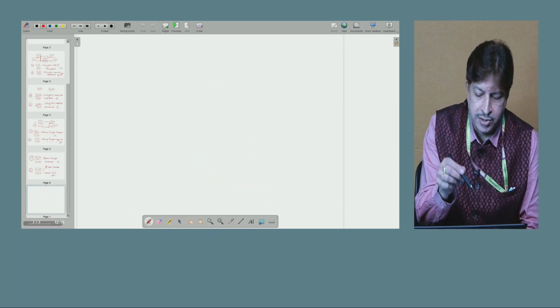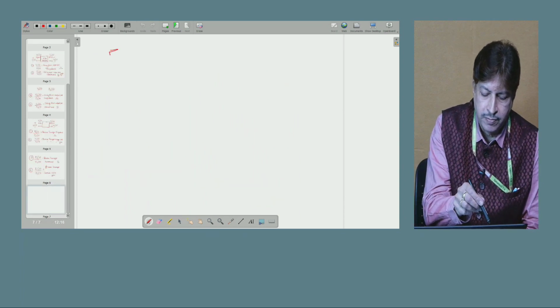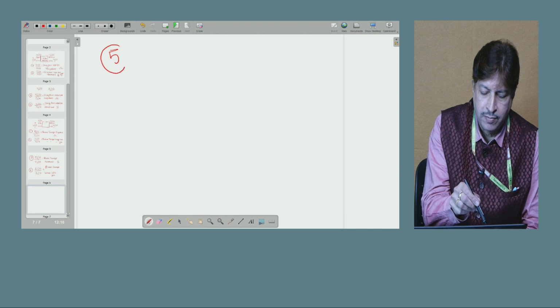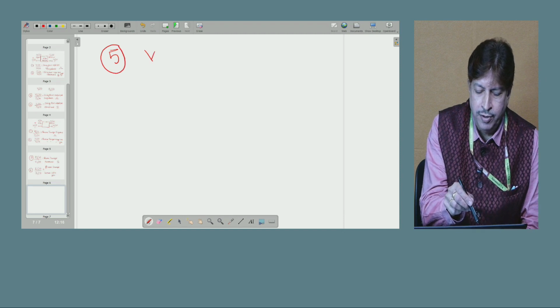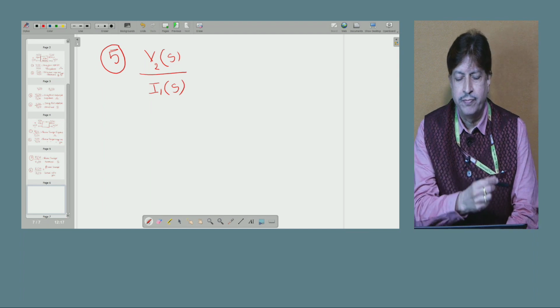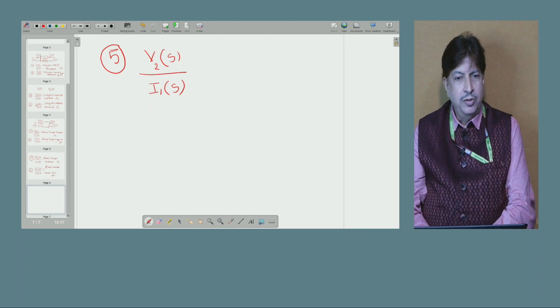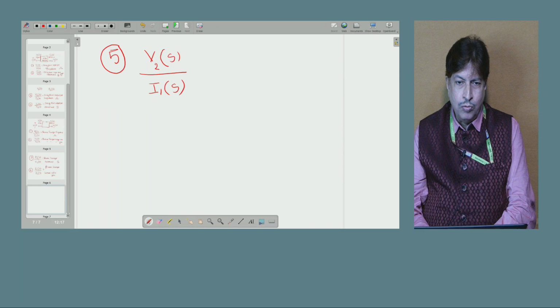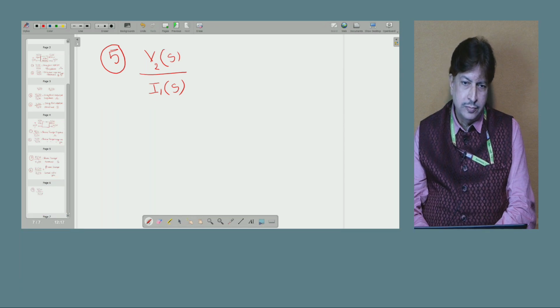Now let us consider V2s by I1s. Numerator belongs to output port variable, denominator belongs to input port variable.